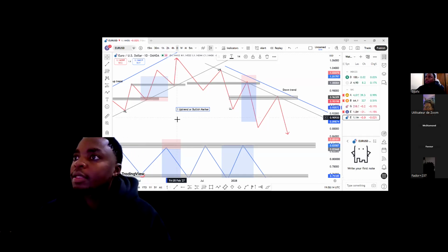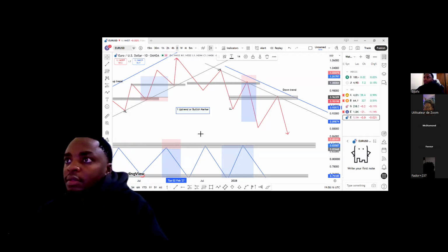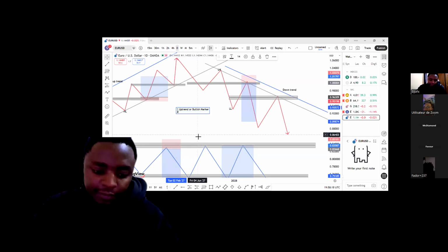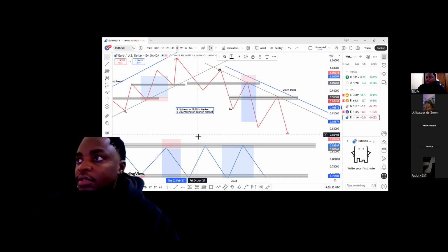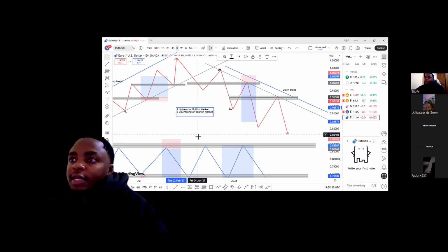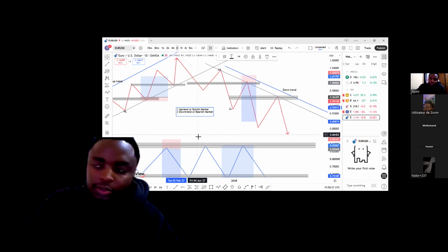Then the second one is the downtrend, or a bearish market. Then the third one, the last market structure, is a ranging market.